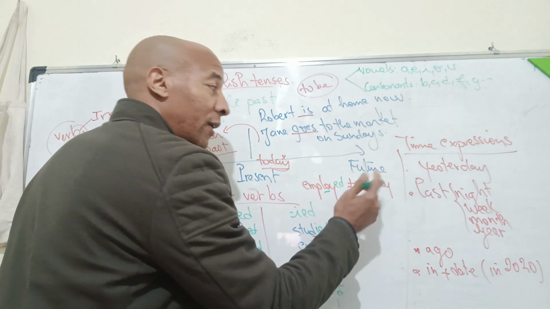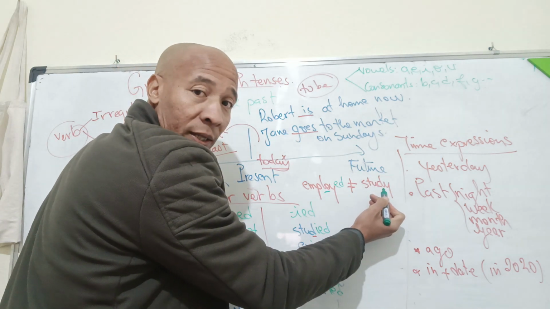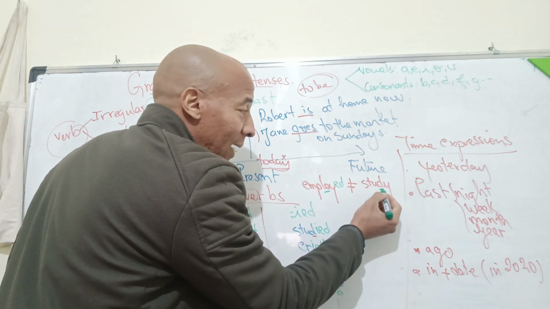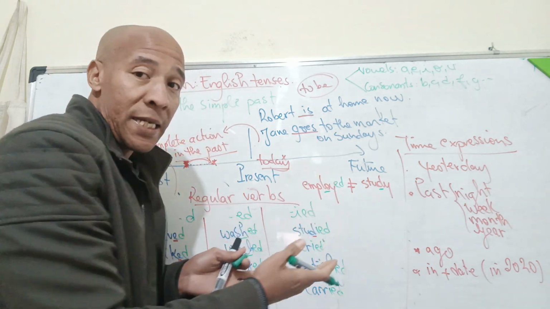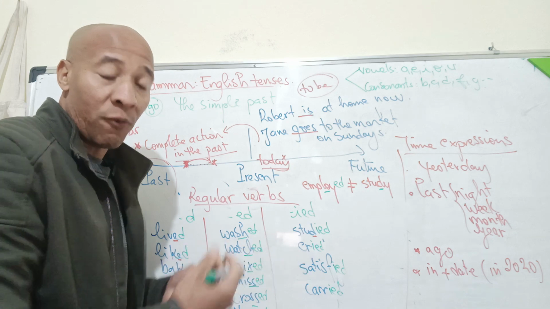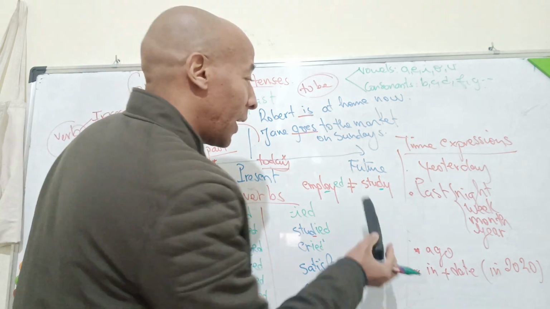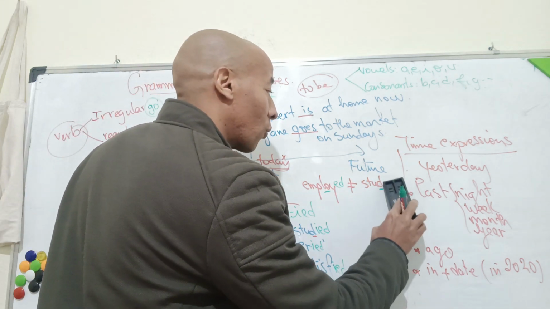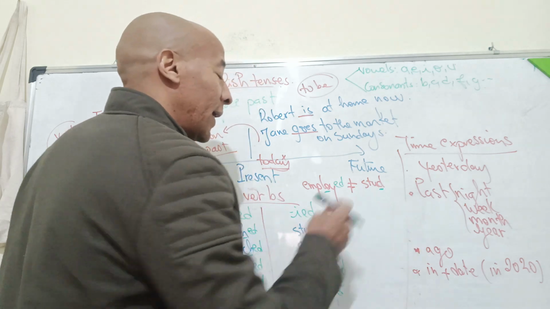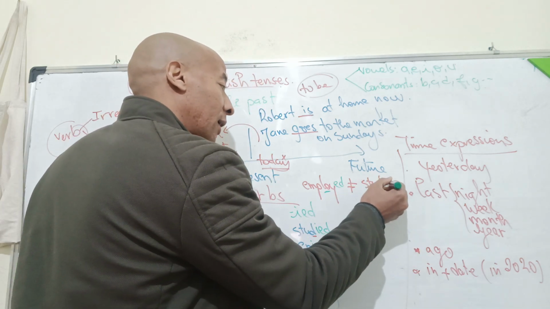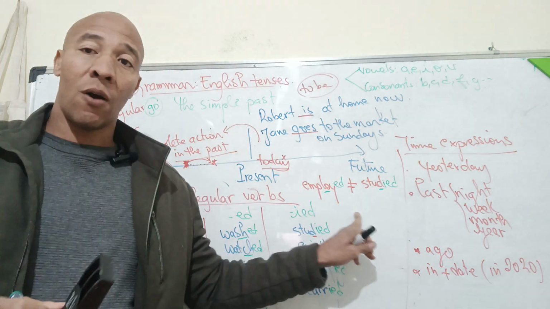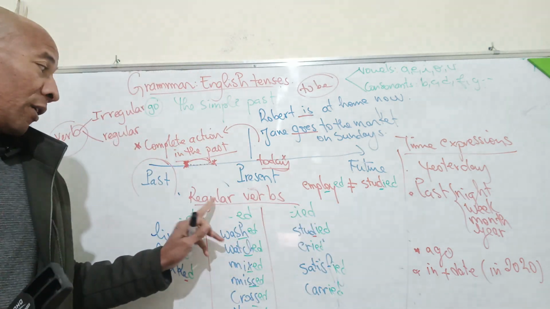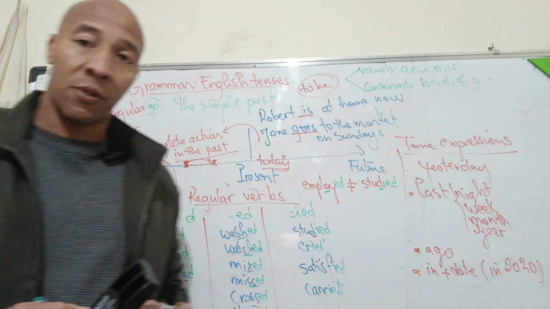But when you have a verb that ends with a consonant plus Y, then you don't just add an ed at the end. Before that, you have to drop the Y, and then you add IED. So this is how we deal with regular verbs, okay?